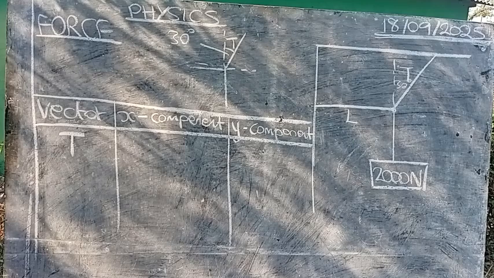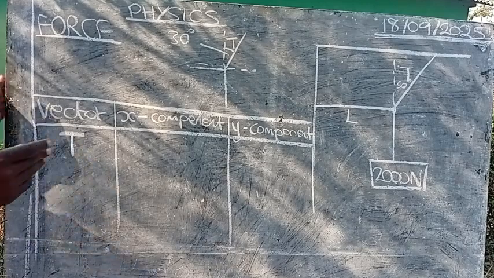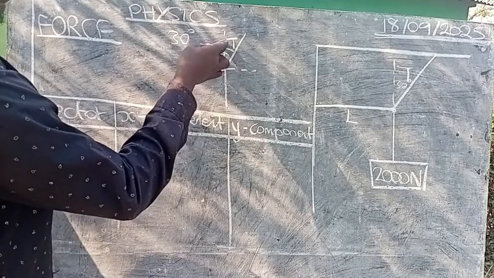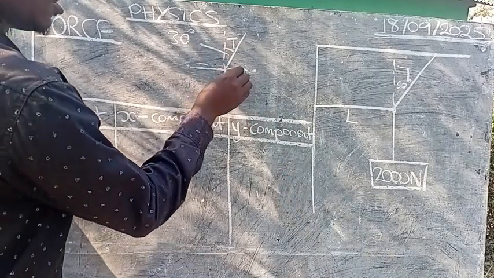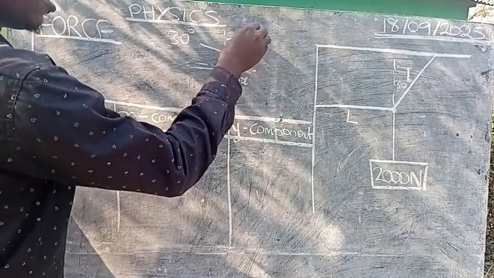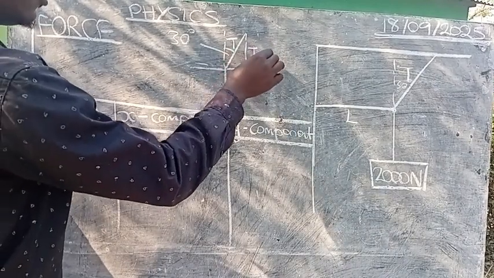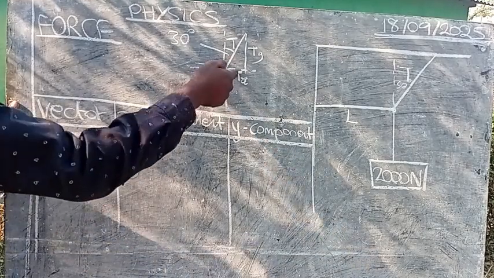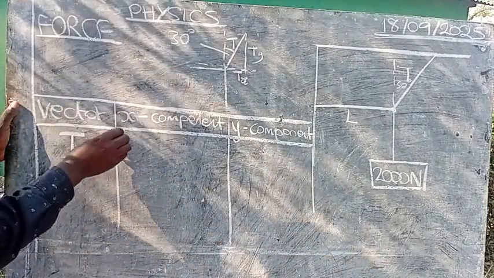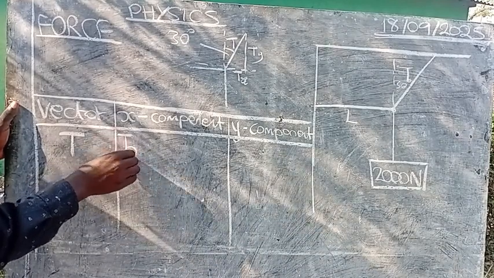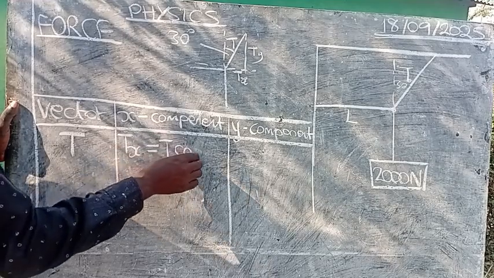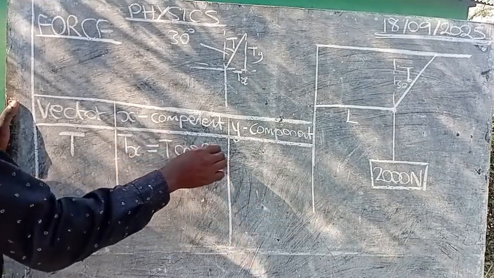Then for the x component, if we are to use the quadrant method, we shall have adjacent over hypotenuse. This is the Tx and this is the Ty. So Tx is equal to T cos theta.